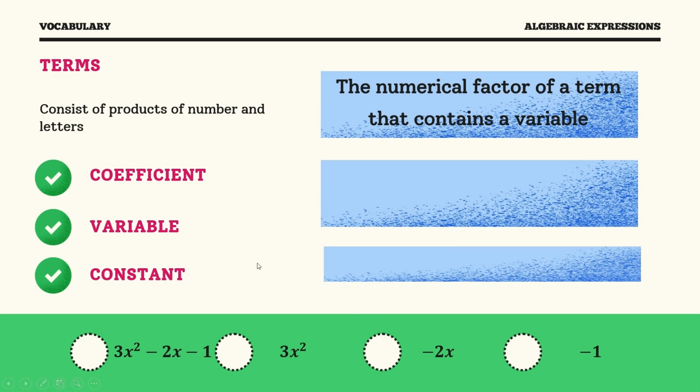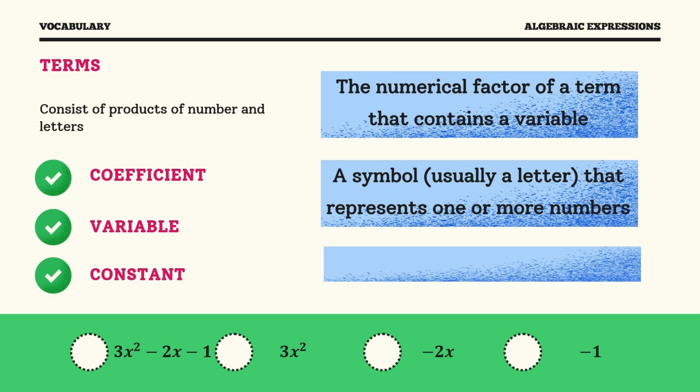Next is variable. A variable is a symbol. We usually use a letter that represents one or more numbers. So we can see from the example before that the variables are x squared and x.